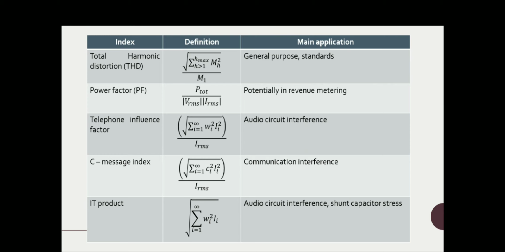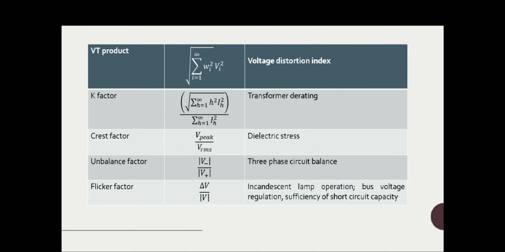So these are the various harmonic indices we discussed: total harmonic distortion and its definition, with its main purpose being the general purpose standard, then power factor, then telephonic influence factor, C message index, then IT product, then VT product, K factor.